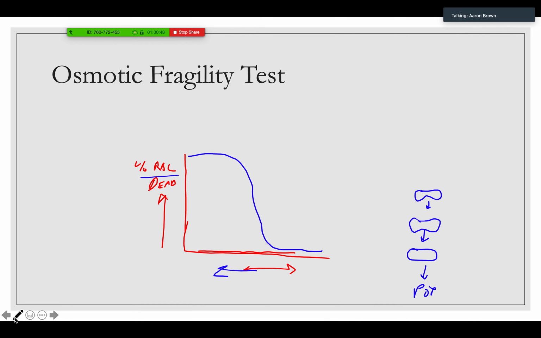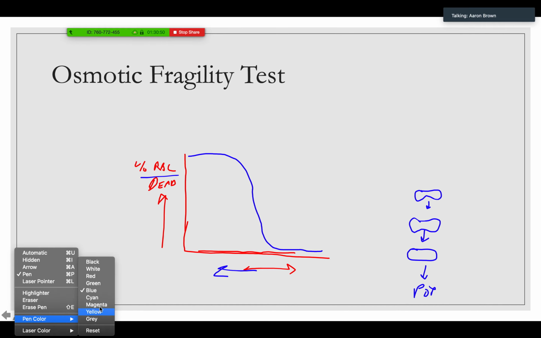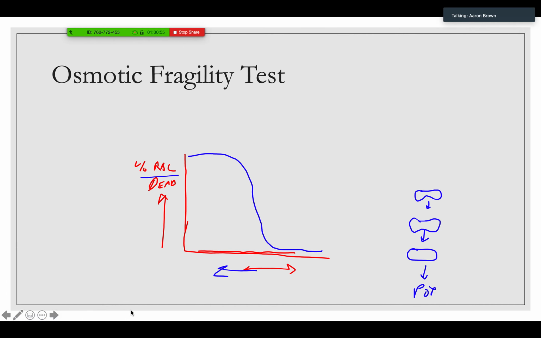Now, for our very taut spherocytes, as you are introducing these spherocytes to a more hypotonic solution, they're going to pop earlier. And so the number of red blood cells that are dead is going to start to increase much earlier than our red blood cells that are normal.